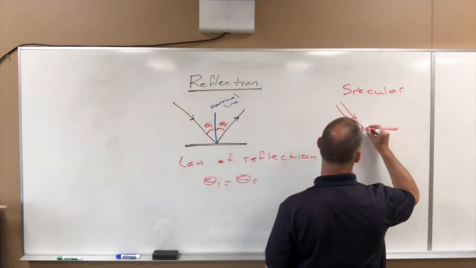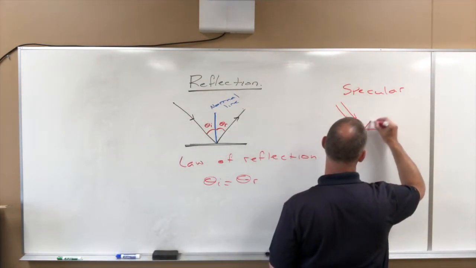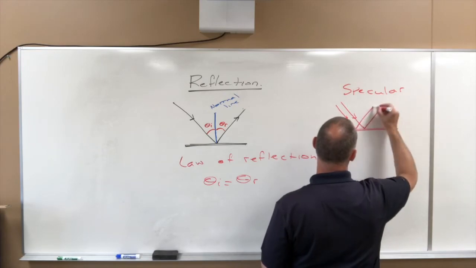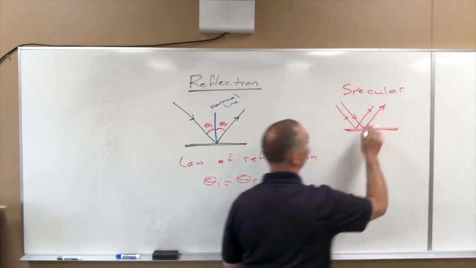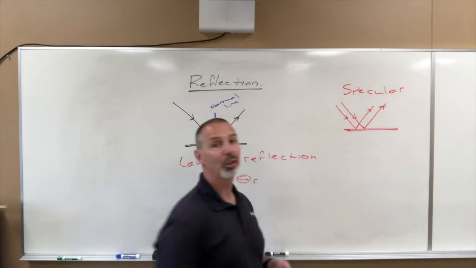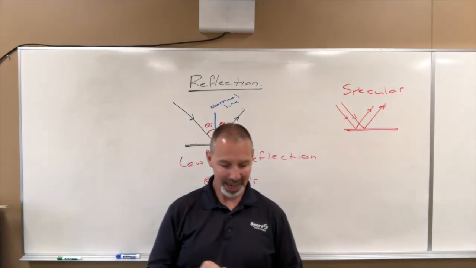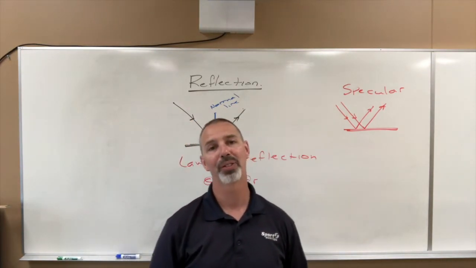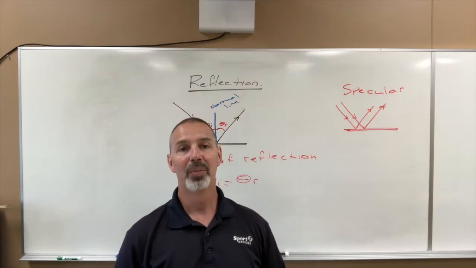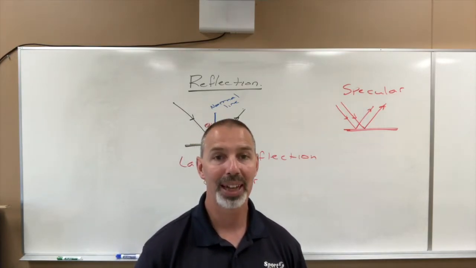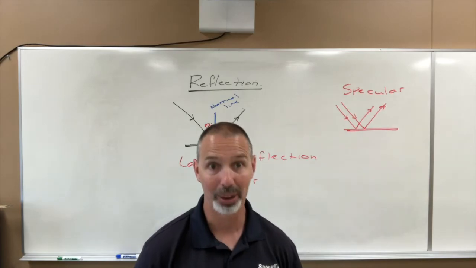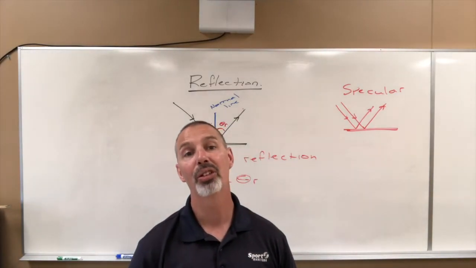Okay, so all of them will follow the law of reflection. And these reflected rays are also parallel. And when you have specular reflection, that's when we get a good reflective image, where we can see a reflection in the surface.